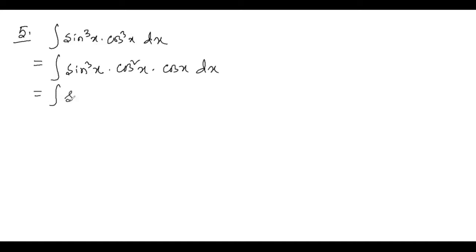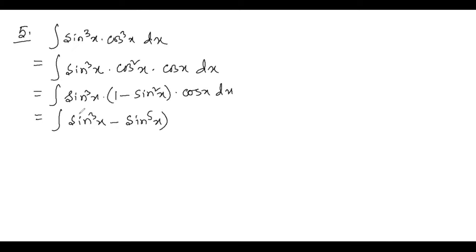So now sin cube x into cos square x, we can write it as 1 minus sin square x into cos x dx. Okay, now sin cube x minus sin to the power 5x into cos x. I think all of you understood what we will consider here.